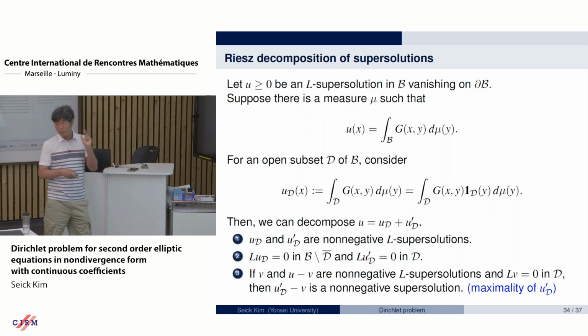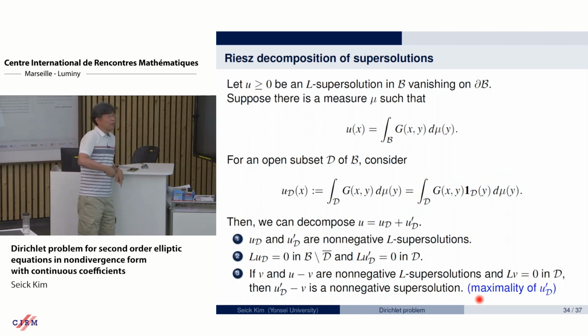That can be characterized like this. So this is 1, 2, 3. Assuming there is a mu, you get these properties 1, 2, 3.